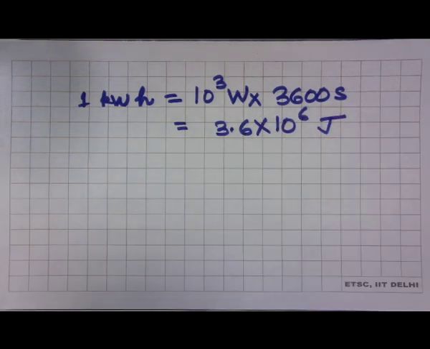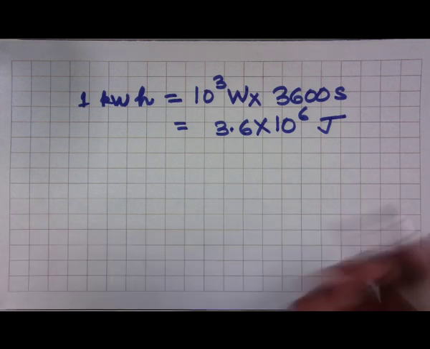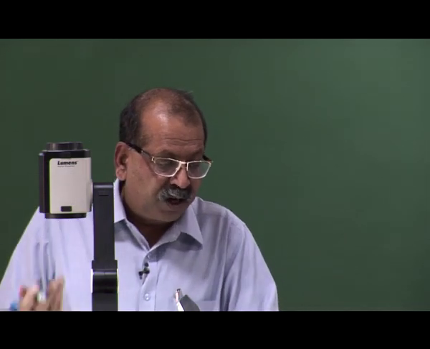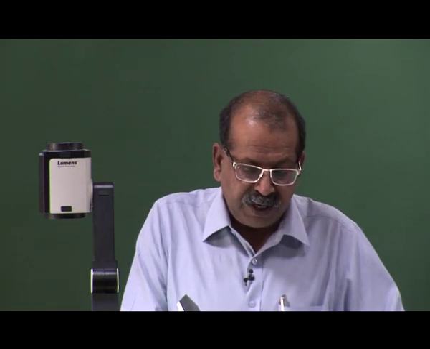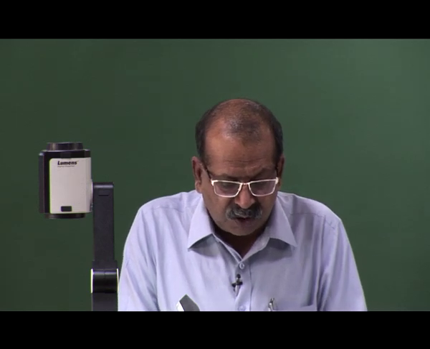That is the amount of energy used when we use 1 unit of electricity. And so, you can now calculate how much energy is used when a 100 watt bulb is lighted for 1 hour, etc., and how many units it will mean. So, this is in brief a definition of power.